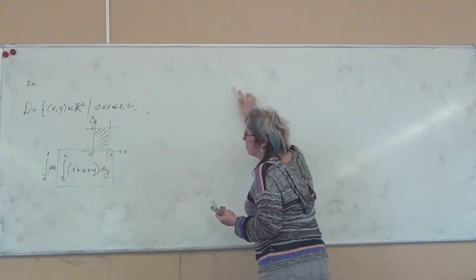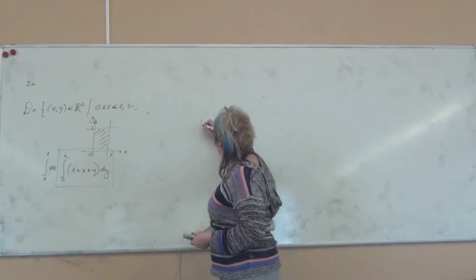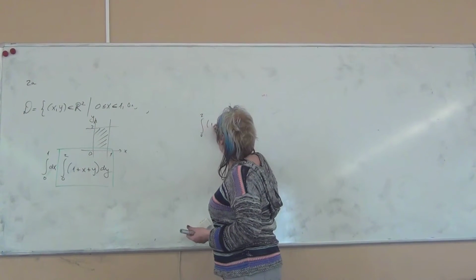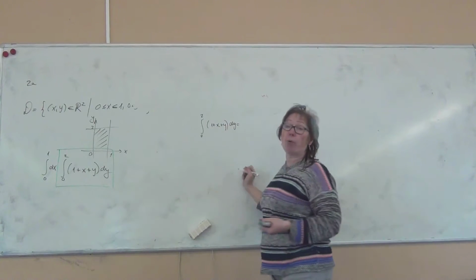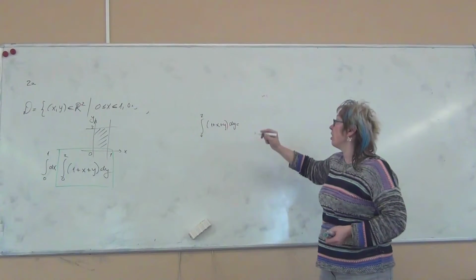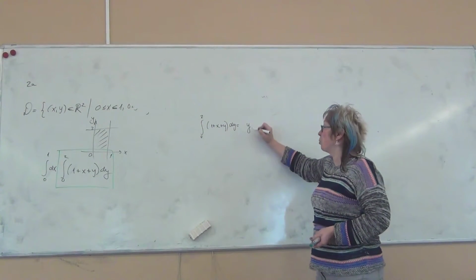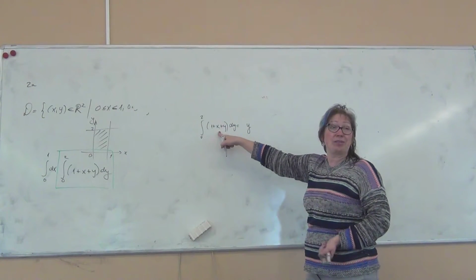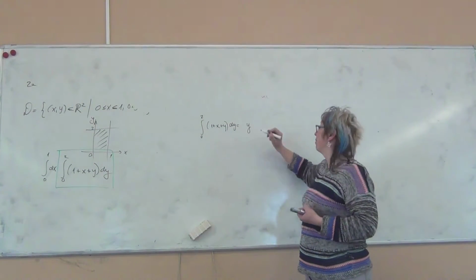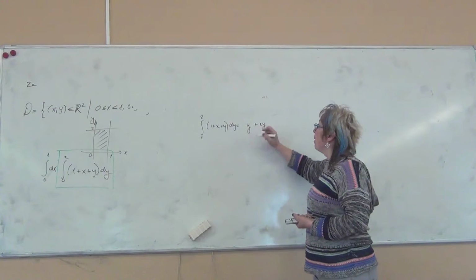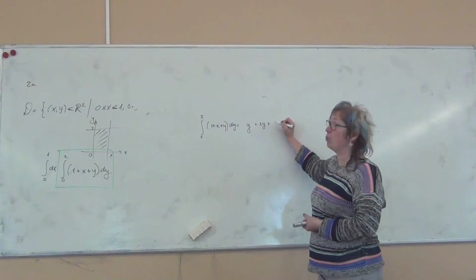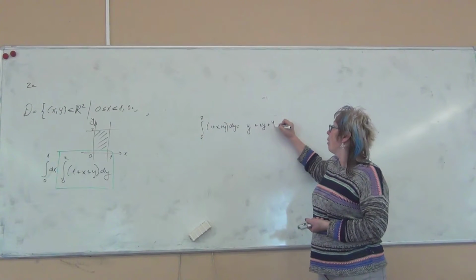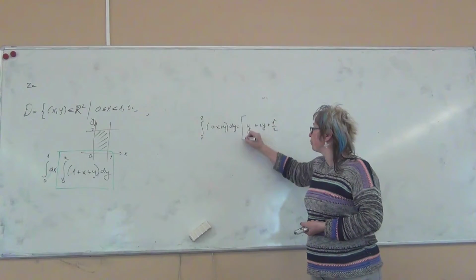So in this case, integral from 0 to 2, 1 plus x plus y dy, we integrate by y. 1 is a constant, integrating a constant 1, we get just y. x is a constant, integrate x by y, you'll get xy. y is the variable by which we integrate, so the third component is y squared over 2.